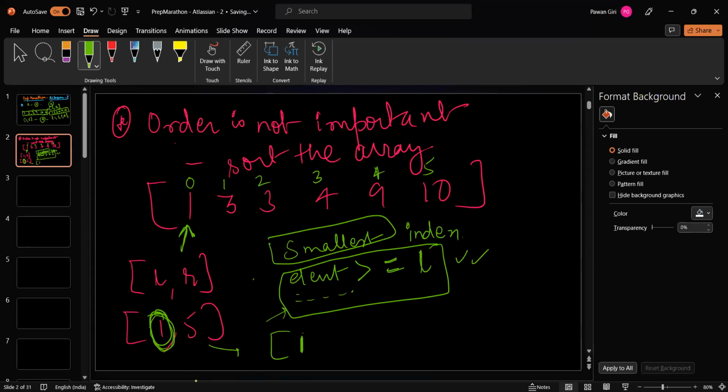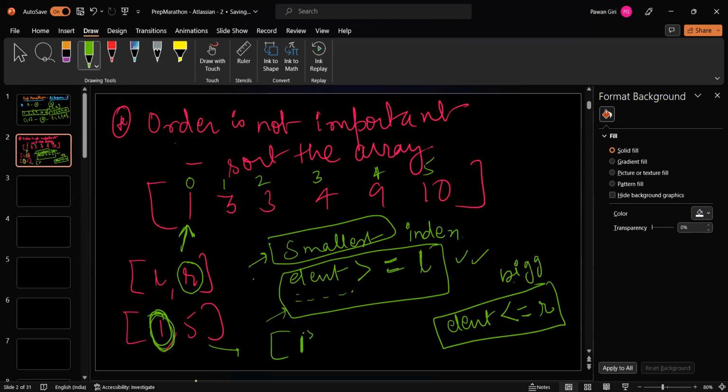I need to find values which are either equal or greater, at the smallest index possible. Now, what is the next thing? For this R, I have to find the last index, the last index where the element present is less than or equal to this value R. So I can say this is the biggest index.